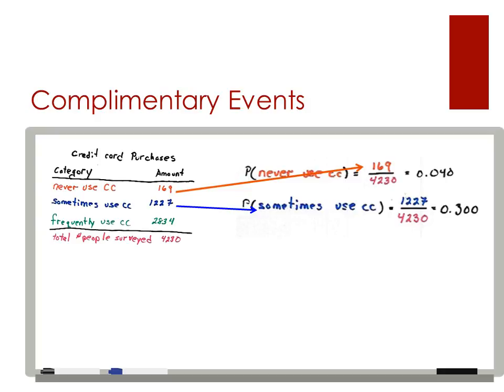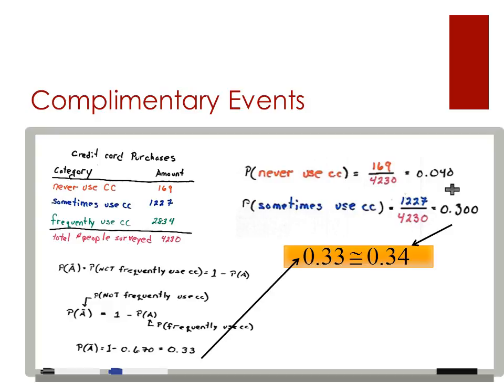Now, just to check this real quickly, we can go through and calculate these by hand. So we take the probability of never using a credit card, which would be 169 divided by 4,230. We get a probability of 0.040. If we take the probability of sometimes using a credit card, we get 1,227 divided by 4,230, and we get a probability of 0.30.